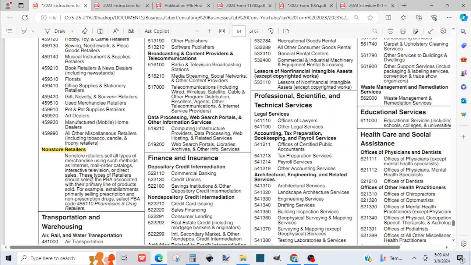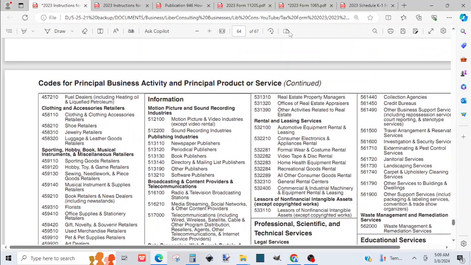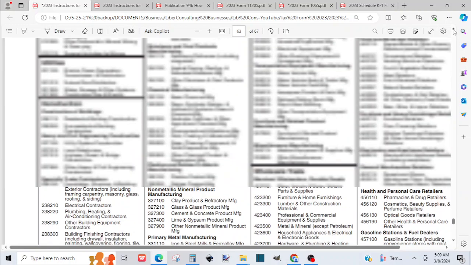And they say those types of retailers should select the PBA associated with their primary line of products sold. And at the beginning, they describe how to select the right code, so you can read that as well.